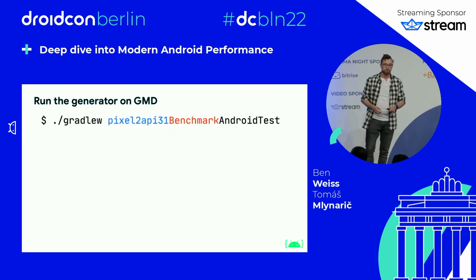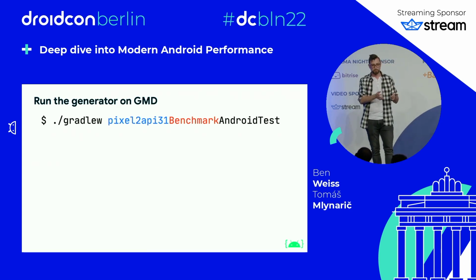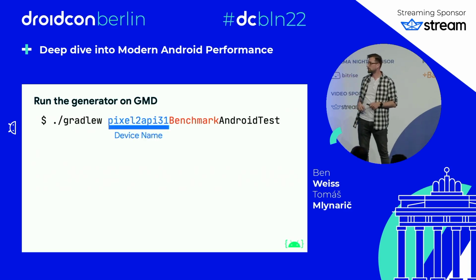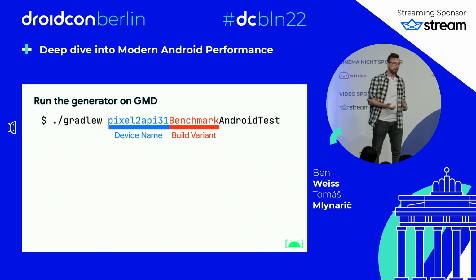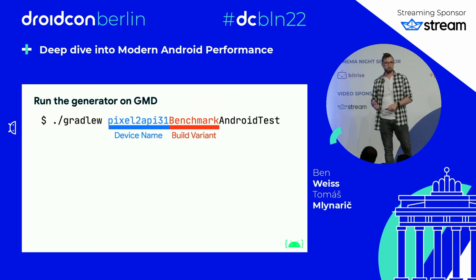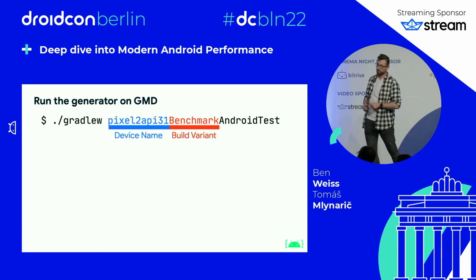For now, you need to run it as a Gradle task. Gradle will create the tasks for you based on the specifications. Here we see that it'll create the task for Pixel 2 API 31, which is the device name. Then it needs to know the build variant of your application, which is benchmark. If you use build flavors, it will be demo benchmark, server benchmark, production benchmark, whatever flavors you have, and then Android test.